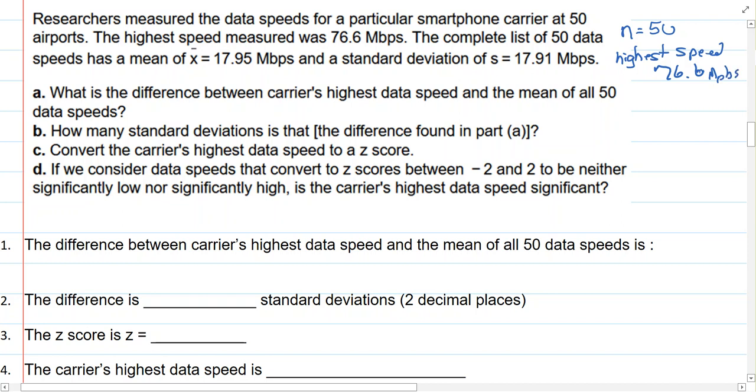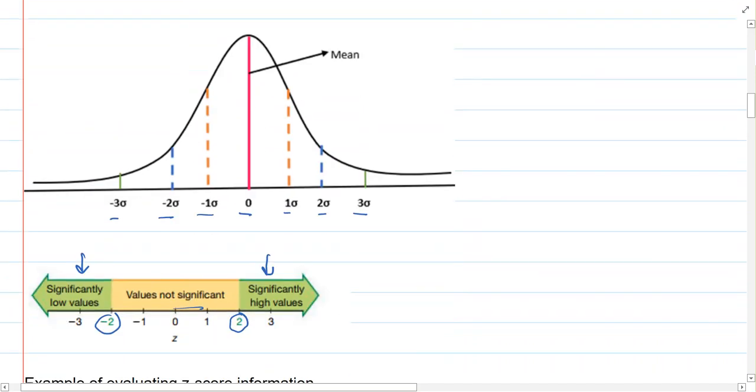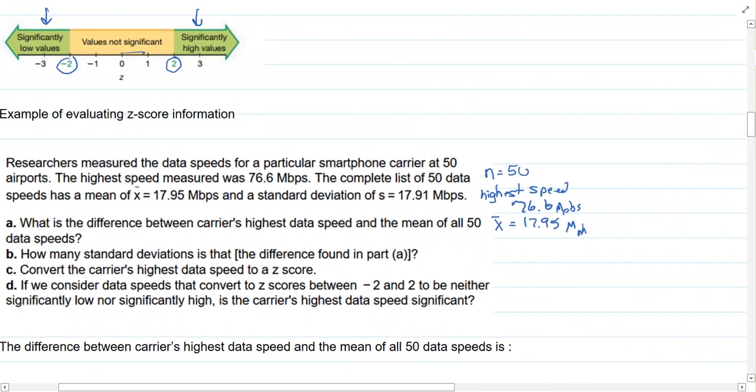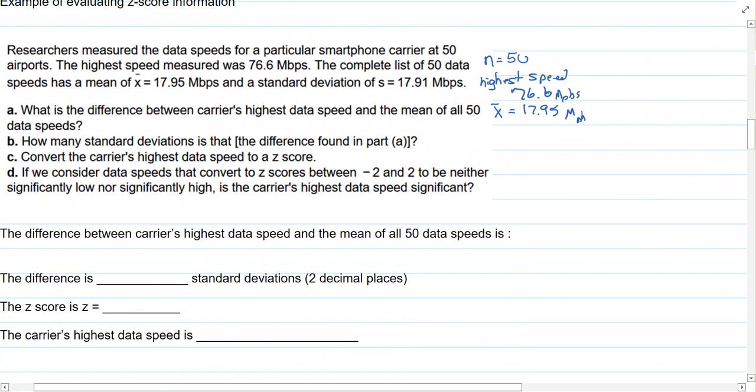The complete list of 50 data speeds has a mean of 17.95 Mbps. Sorry. Better make it smaller and I can write more. And a standard deviation of 17.91 Mbps.